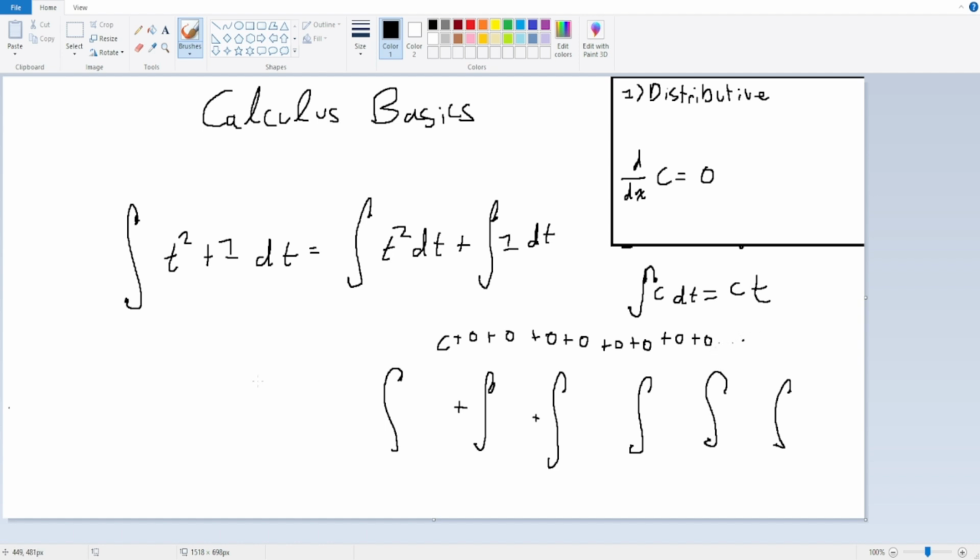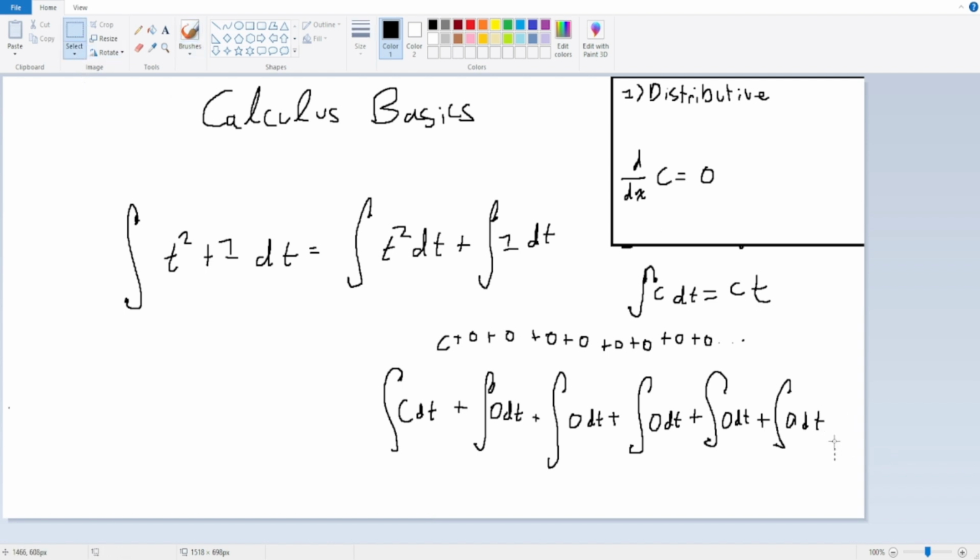You know what I mean? And so the integral of c, believe it or not, is actually equal to the integral of c with respect to t plus the integral of 0 with respect to t plus the integral of 0 with respect to t, and so on forever.